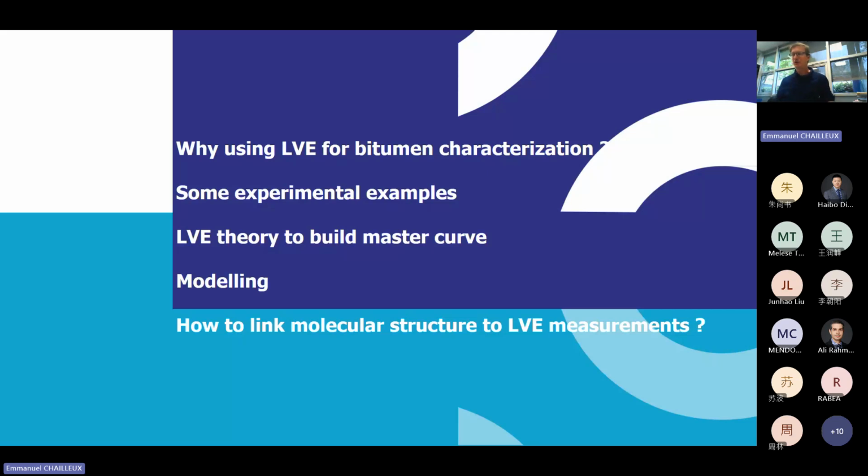I will shortly introduce some modeling concepts, and I will finish by showing a work we have done on the link between linear viscoelastic properties of bitumen and molecular structure: how we can access the molecular structure of bitumen using linear viscoelasticity.